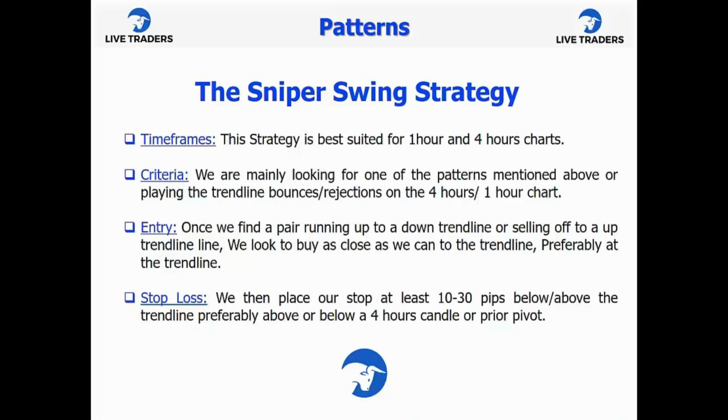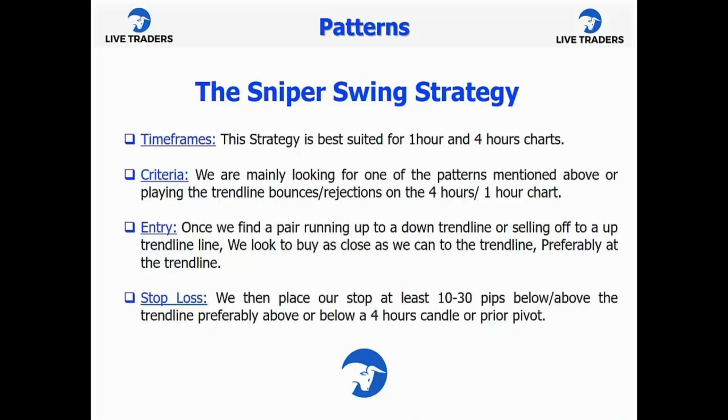Once we find a currency pair that is running up to a downtrend line, right, or selling off to an uptrend line, we are looking to buy as close as we can to the trend line, preferably at the trend line. Okay, and once we get in, we will place our stop loss at least 10 to 30 pips below the trend line, but preferably above or below a 4 hour candle or pivot point. So, remember in earlier chapters we covered what a pivot is, the level 1 support, level 2 support.